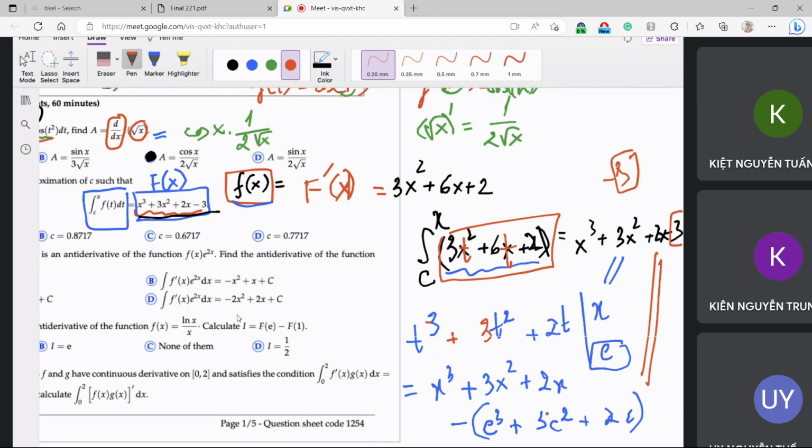So it equals to the second term. It means that this one equals to 3. Understand the question now? Yes, okay. So please approximate C. So in these questions, you find the relation between the integral and the inner function. That's it.